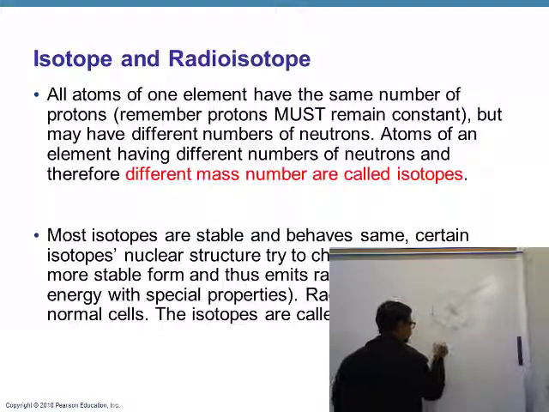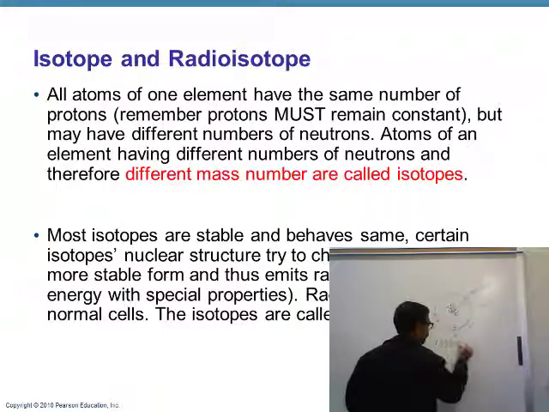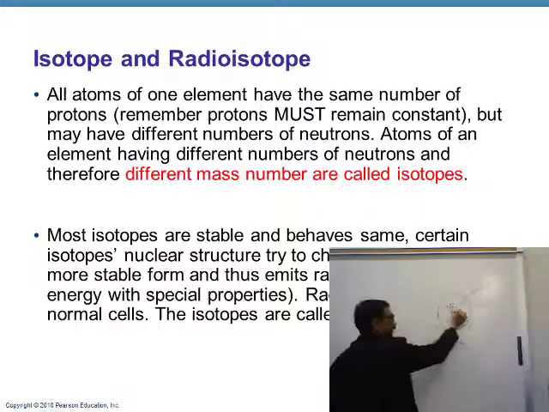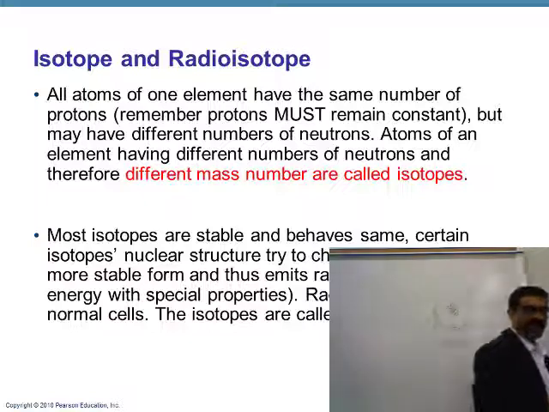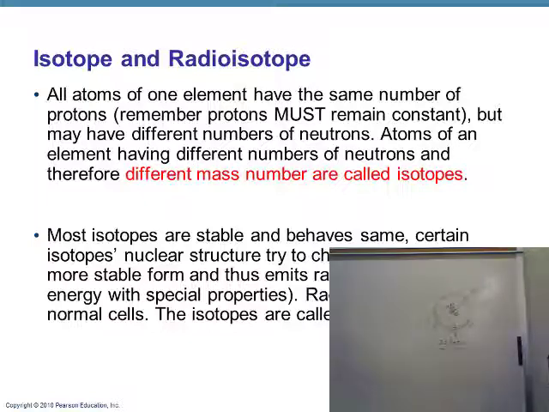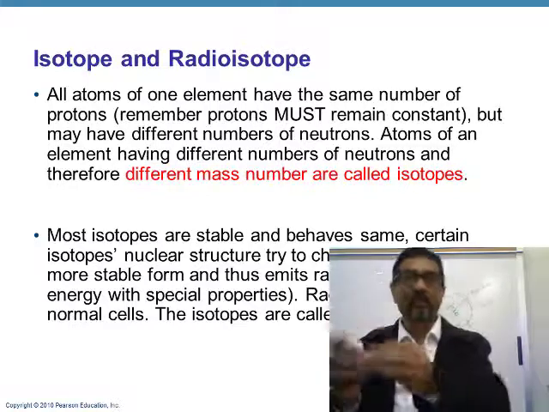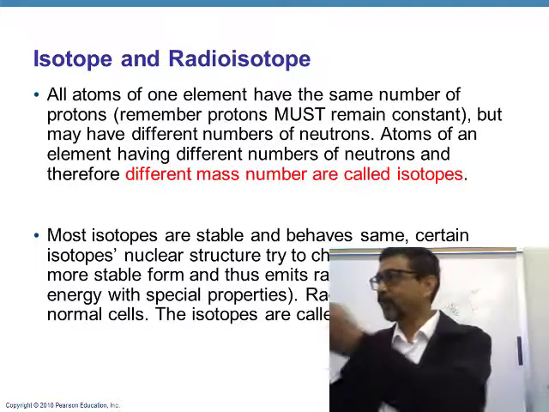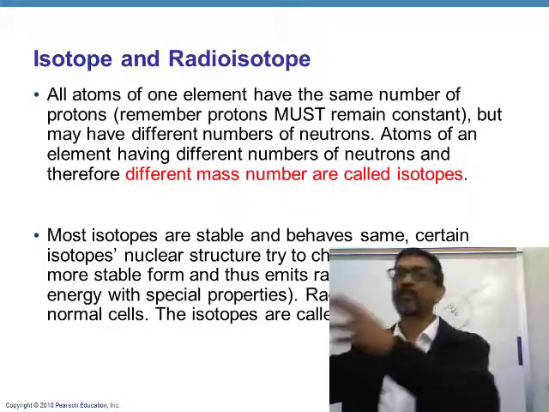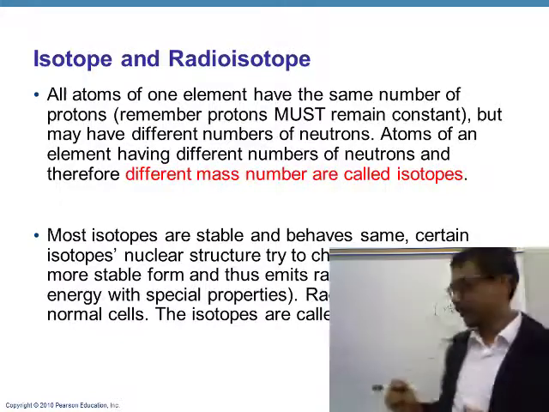So this is now an isotope. The number of neutrons is different than the number of protons in the nucleus. Make sense? So in an atom, the number is the same, but in an isotope, the number of neutrons is different than the number of protons. Make sense? Is different.